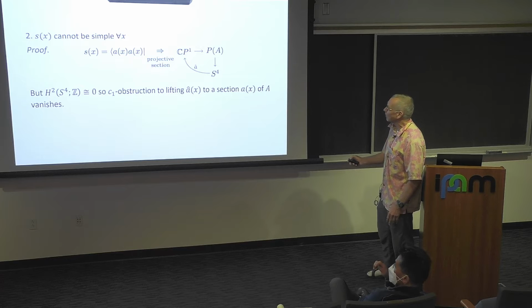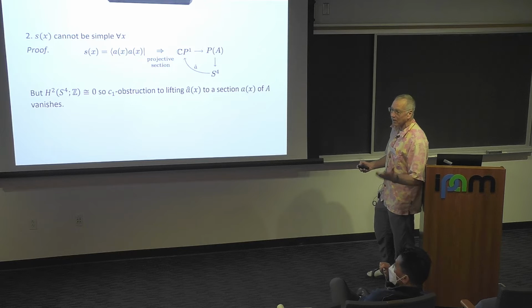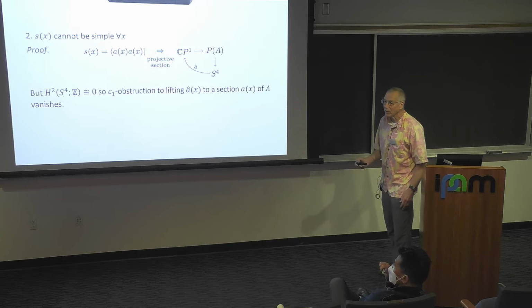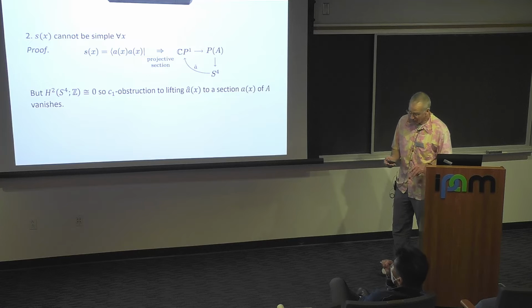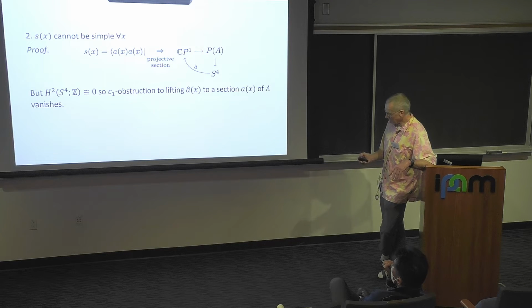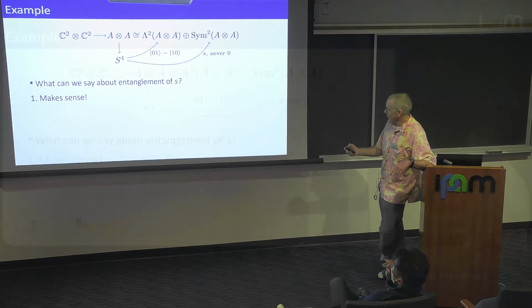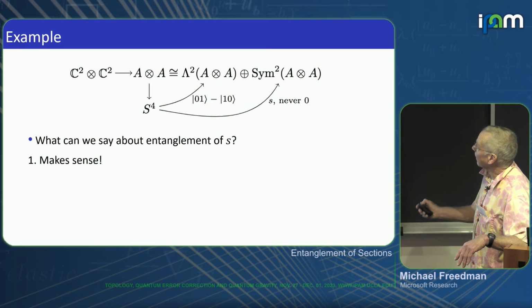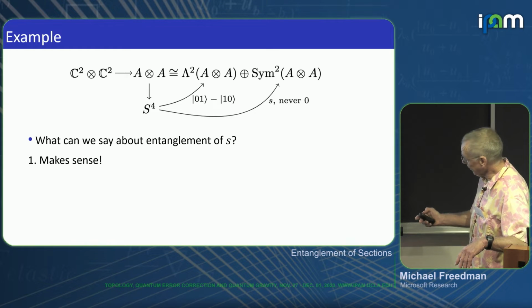The obstruction to lifting A hat to a true section is in H upper 2 of the 4 sphere with coefficients in Z, but there's no second homology there, so we can easily resolve. So this shows that in my first example, let me just go back to the example. In this example, no section can be rank 1.